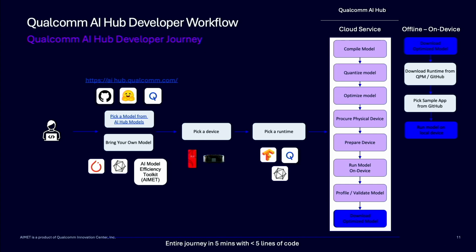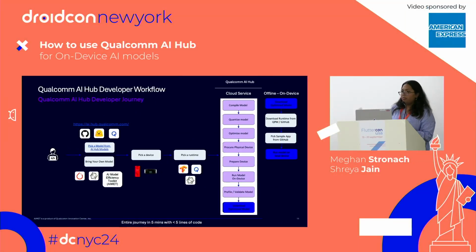Once you're validated, you know that the asset works on a real device. You can just download that. And all you have to do is get the runtime binaries like QNN or the TF Lite delegate, and then put it in the app that we have. We have a couple of sample apps as well, so you can get them from GitHub. You can get the runtime and you can get the asset.